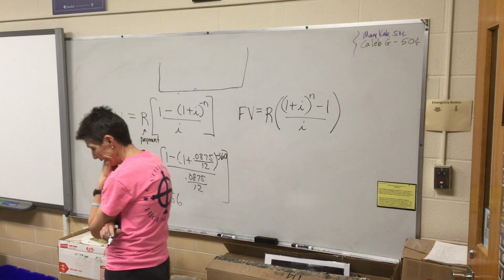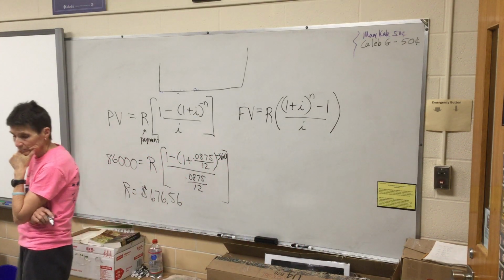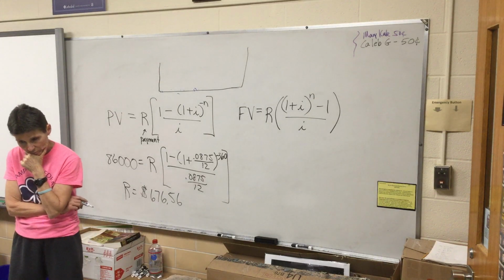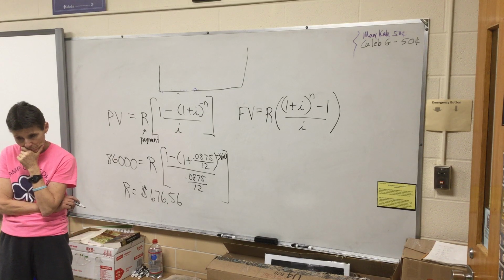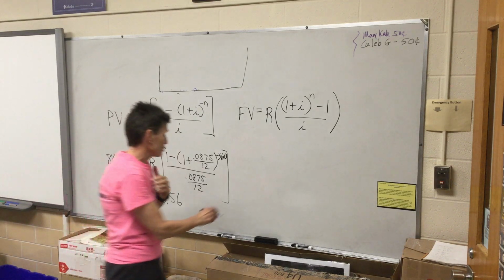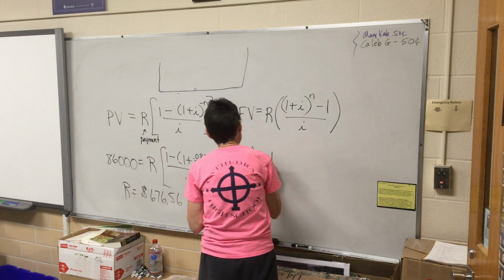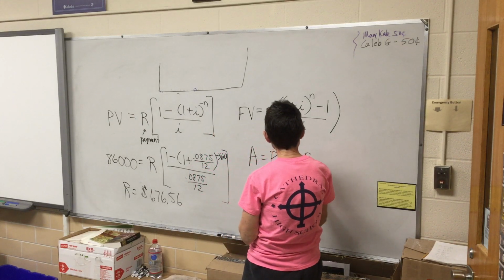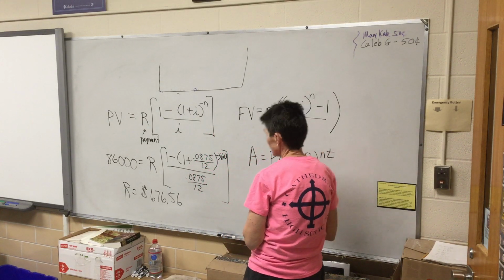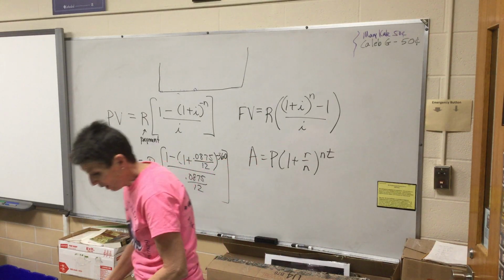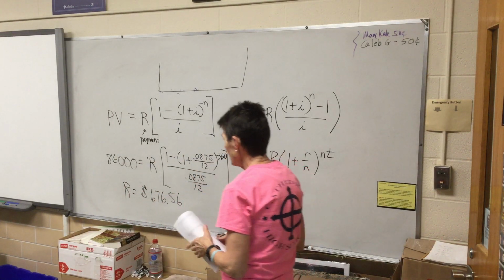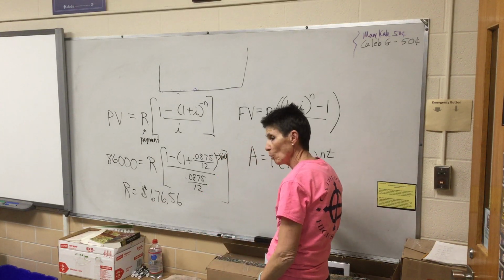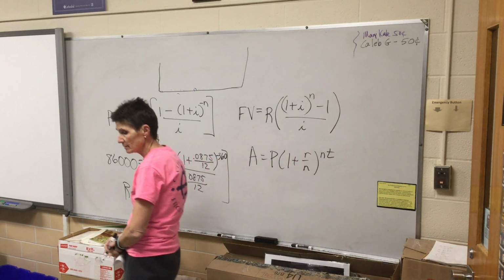What formula am I going to use? The future value. Actually, I'm going to use this one. Why? What in the problem tells me that I'm going back to one of my old formulas?